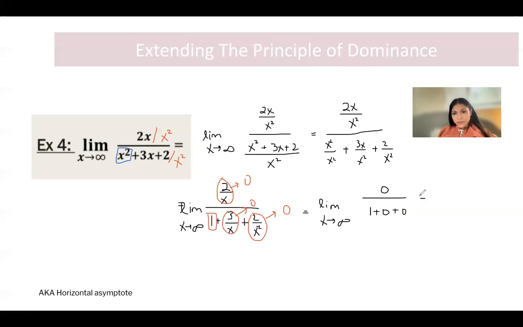Then that becomes the limit as x approaches infinity of 0 over 1, which is basically 0, right? So I'm just going to write 0 divided by 1 is 0. You can check your calculator. The limit as x approaches infinity of 0, a constant, is just the constant. So the limit of this whole expression, y'all, is 0.